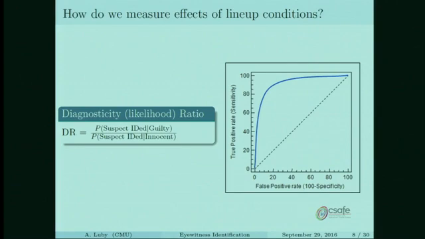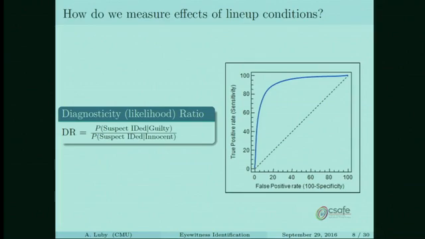So if you're familiar with ROC curves in classification algorithms, there's usually some sort of parameter that we vary to kind of measure where is the cutoff between doing pretty well and not doing well. And so in this case, we use the expressed confidence level. So usually in a 1 to 7 or 1 to 10 scale, and so each of the confidence levels represents a point on the ROC curve.